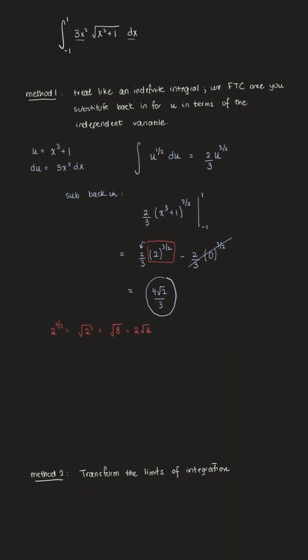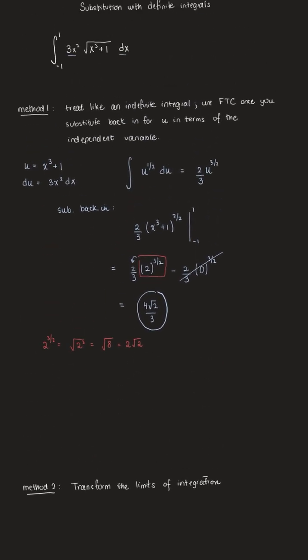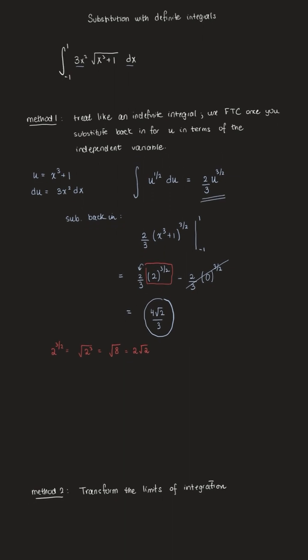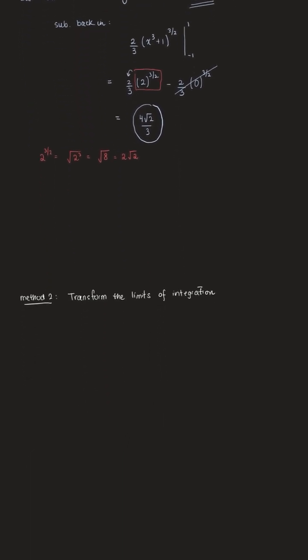Now, an alternative way to do this is to transform the limits. So let's suppose that we have gotten to this point right here, the 2/3 u to the 3/2, right? So same integral, but now we're at the point where we have integrated and we have 2/3 u to the 3/2 as the solution of the indefinite integral part.